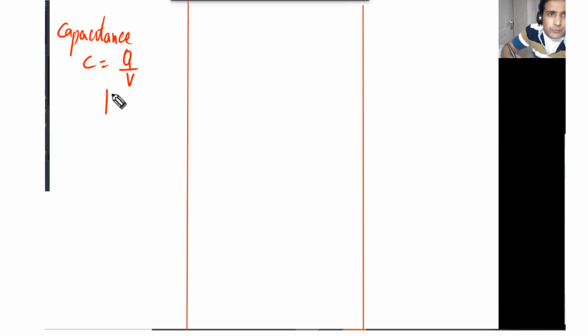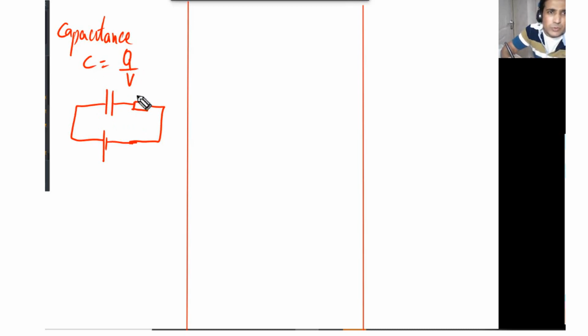For example, if we have a capacitor here and this capacitor is connected with power supply, and let's say we have one resistor here. So this is very simple RC circuit. So in this case, the capacitance means that the charge on this capacitor divided by the voltage across this one.